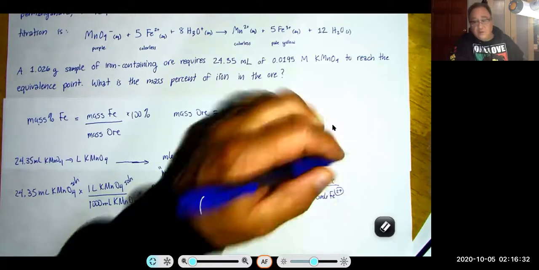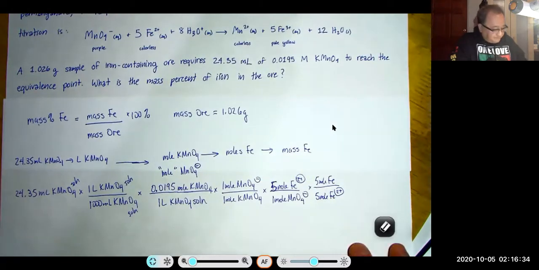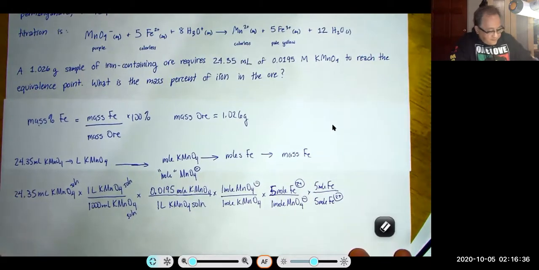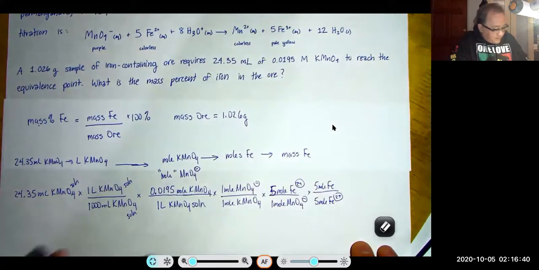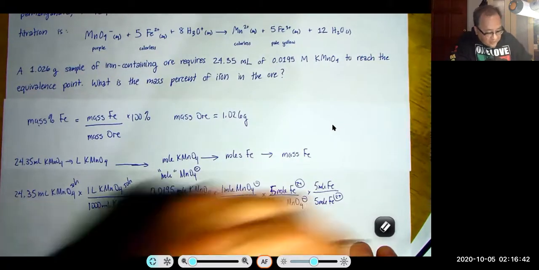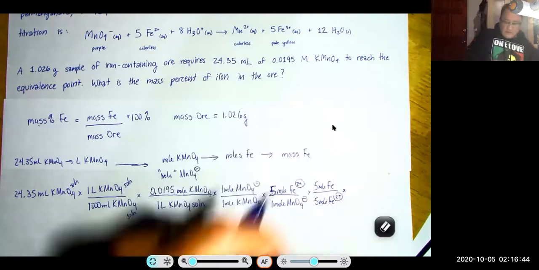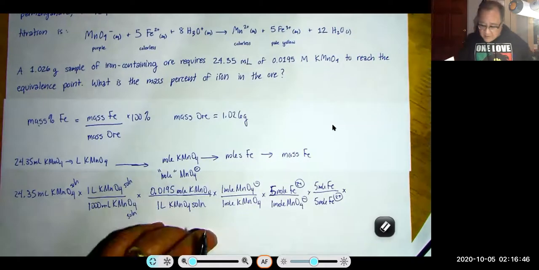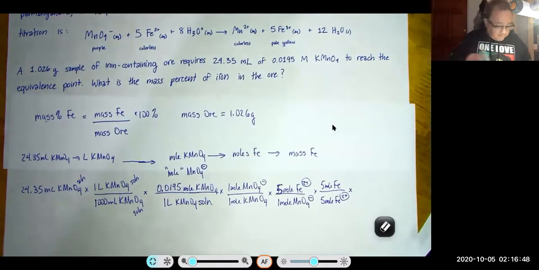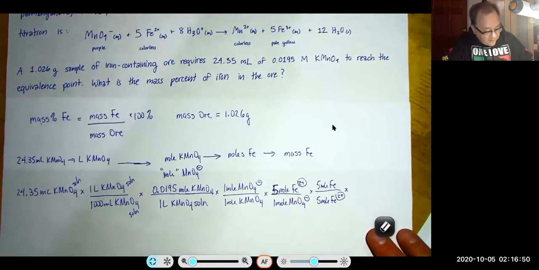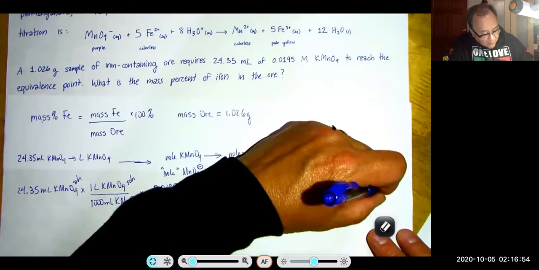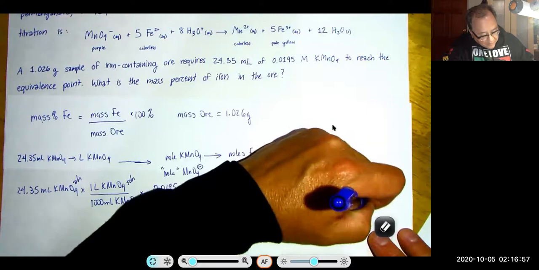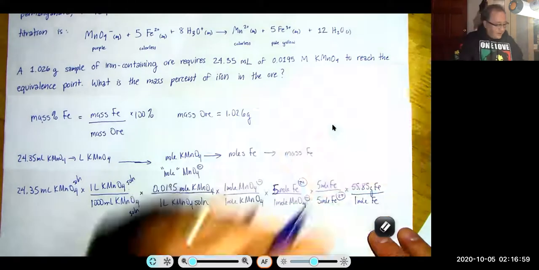Or I could put 1 mole to 1 mole, it doesn't matter. Now I'm going to be able to get the mass of iron 2 because iron has a molar mass of, I want to say 55.85. Yep, so times 55.85 grams of iron per 1 mole of iron. And that should give us our grams of iron.